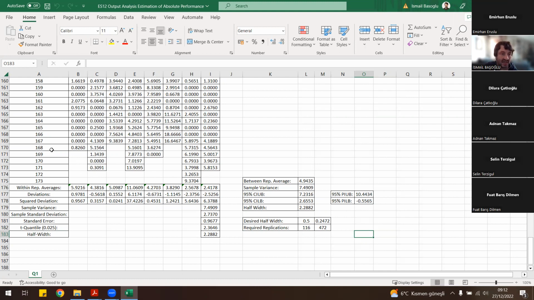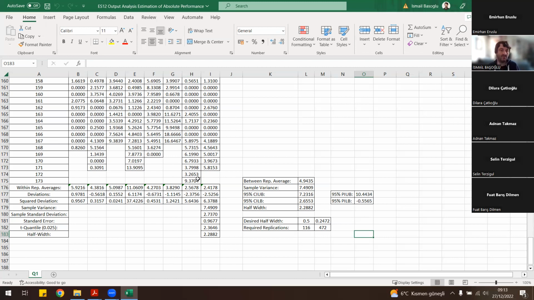As you can see, in some of the replications you observe 167 clients, which means in a total of 7 hours, only 167 clients have been served. But in an extreme case, in one of the replications, which is the 7th replication here, we could have served 173 clients.